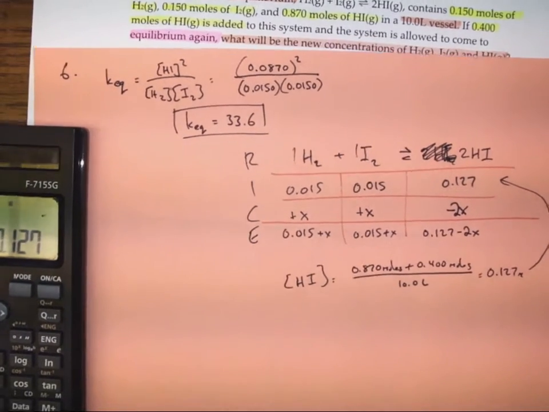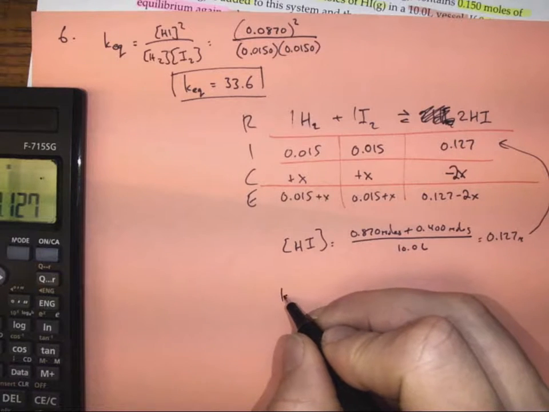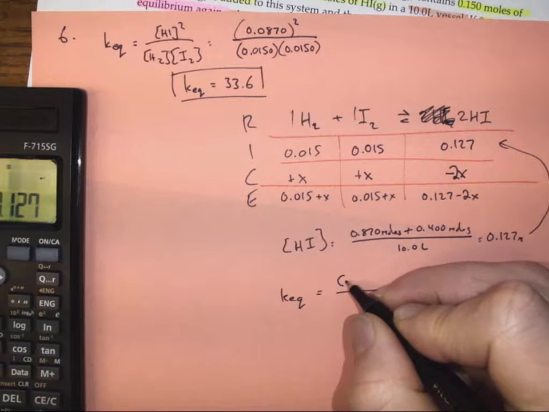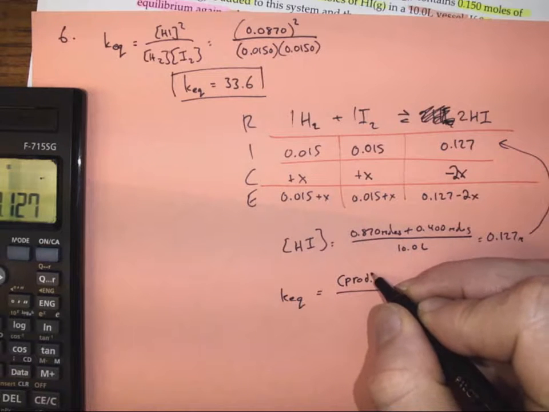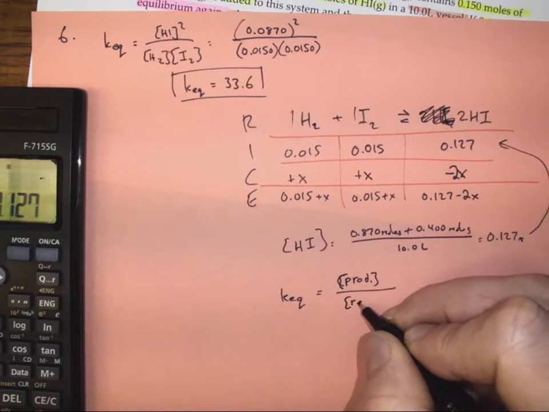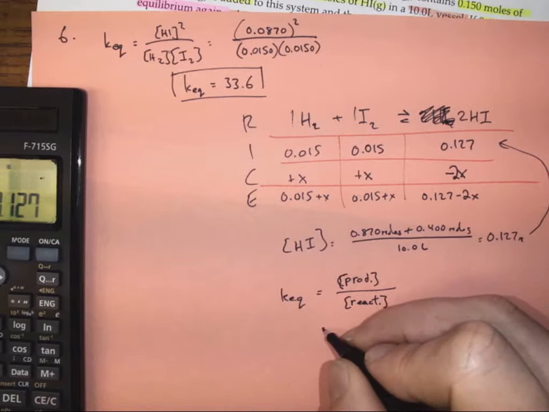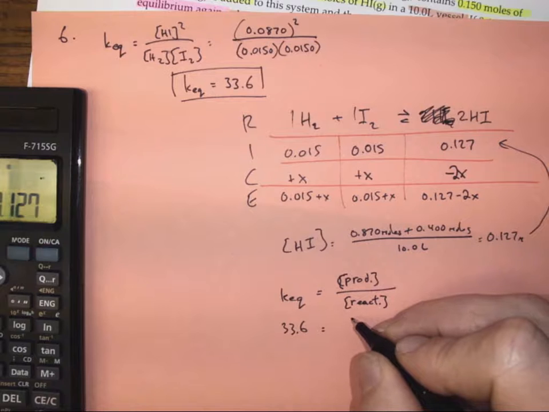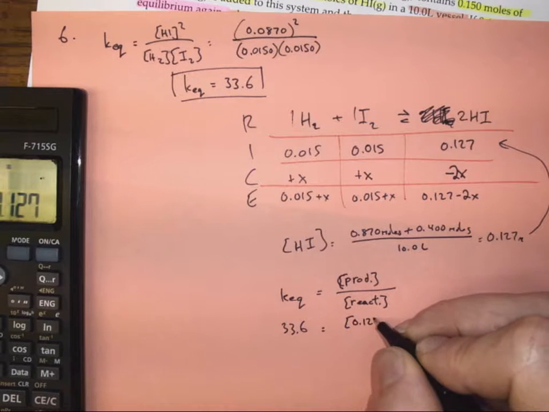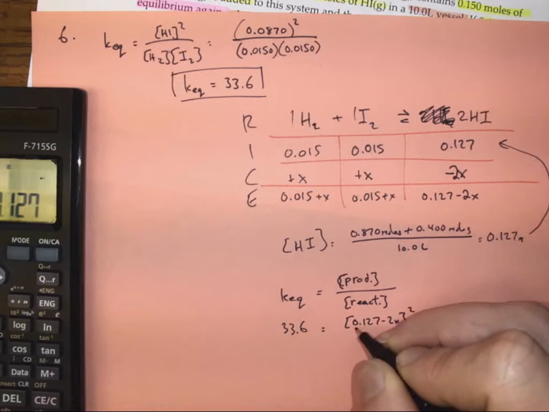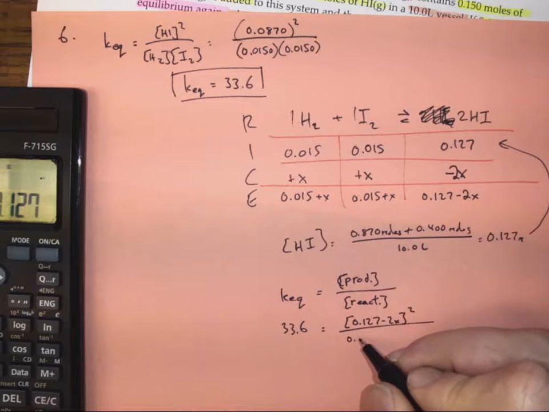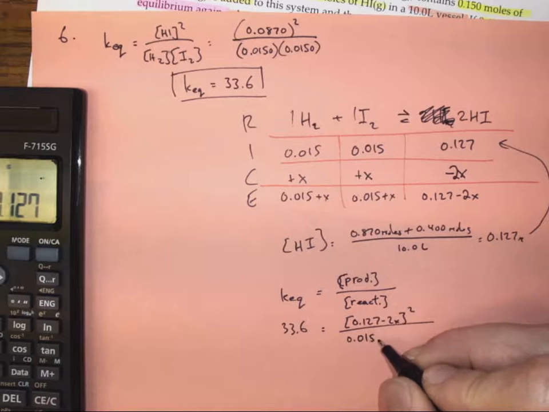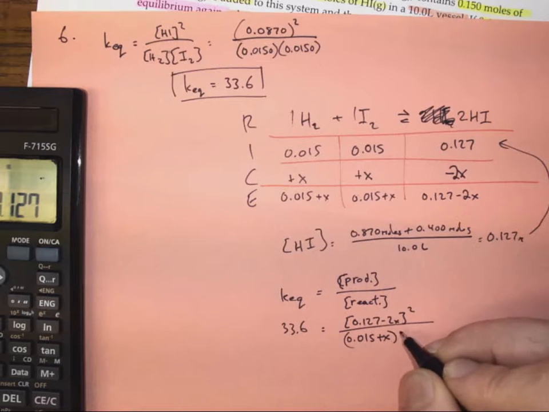Okay, and now I can go back to my equilibrium constant, which is the concentration of products over the concentration of reactants, and say, okay, so 33.6 is equal to 0.127 minus 2x squared over, I've got the same thing for both of these terms, so 0.015 plus x squared.